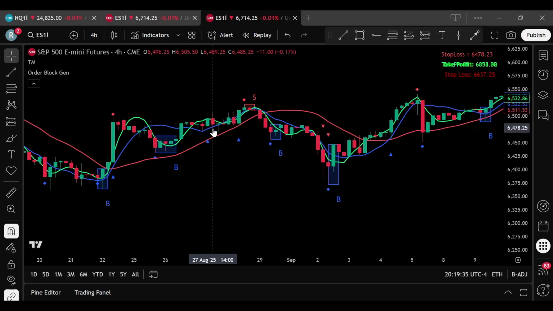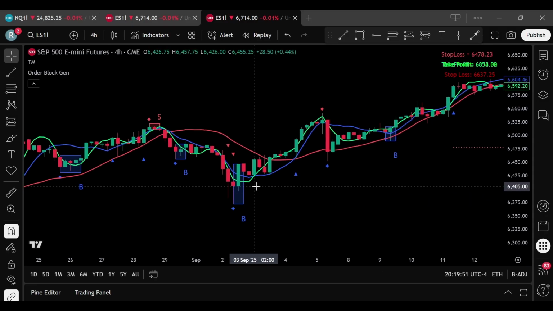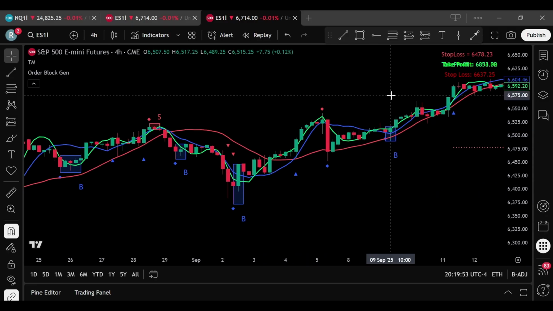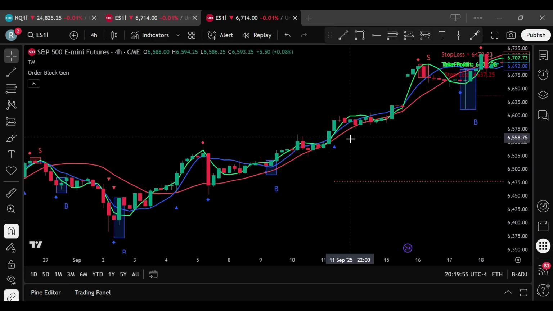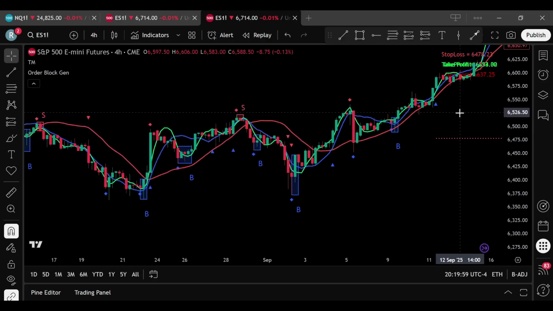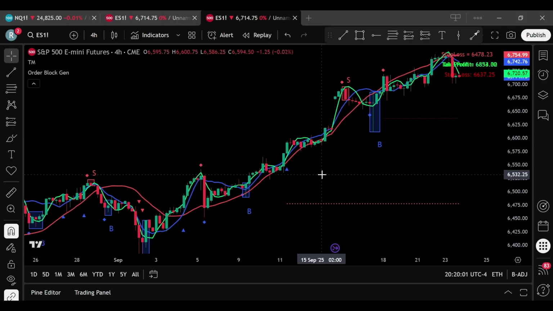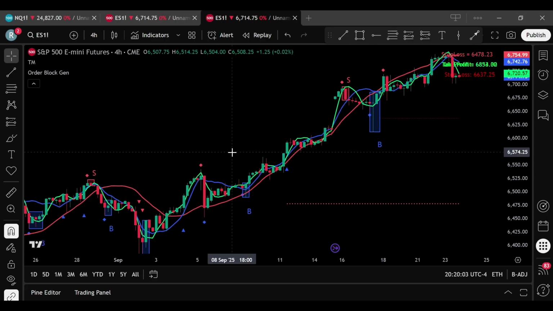The very next candle does retrace right to the order block before creating another higher high. And then we see price retrace back down to this same order block that we are waiting for. And price just continues to move up in a very strong way with just other confluences of order blocks and the Trendmaster identifying trends as well.